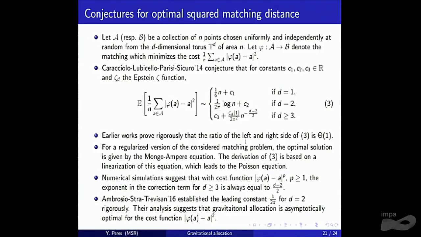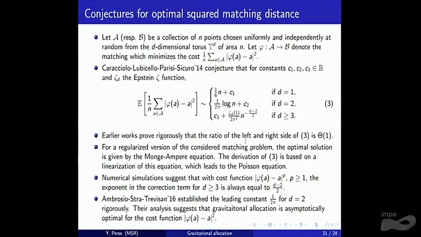They emphasize that they don't find any explicit coupling that will achieve this exact optimal. So they don't prove this suggestion that it will be something like this gravitational or Laplacian type matching, but they do prove that the optimal matching will have this asymptotic 1 over 2 pi.